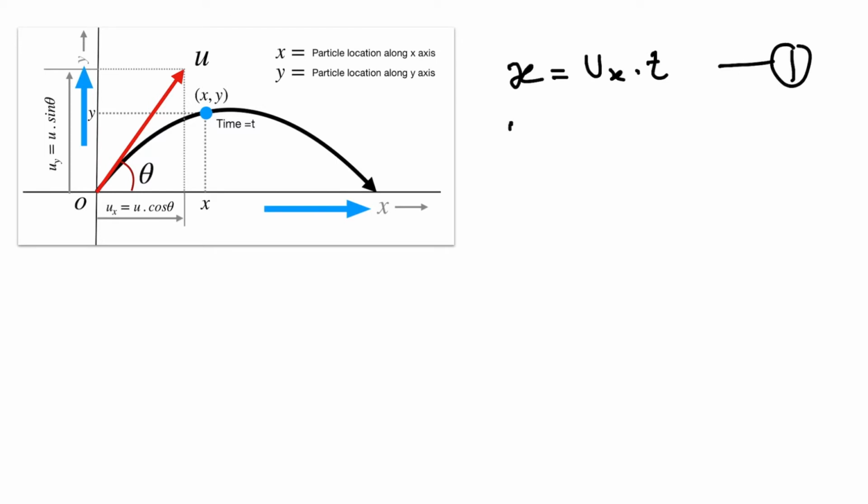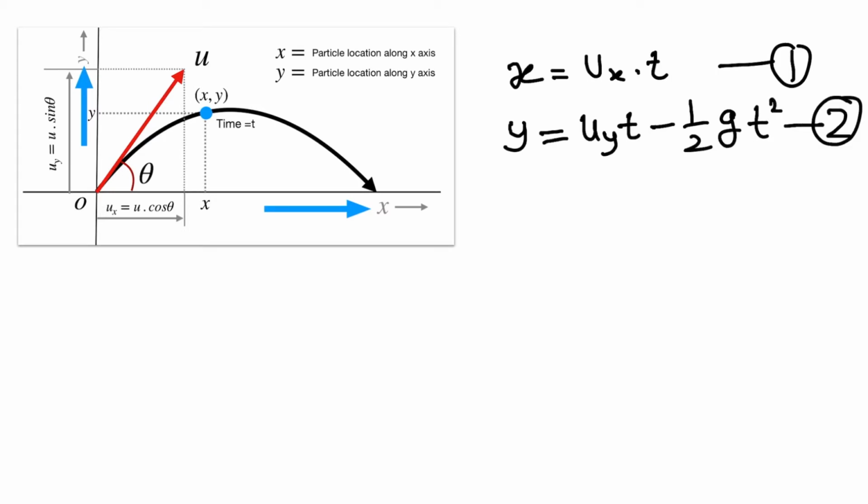The vertical displacement y can be given by the motion equation for constant acceleration: y is equal to uy t plus half a t square. Here a is equal to minus g, so we can say minus half g t square. And this is the vertical displacement as a function of time.